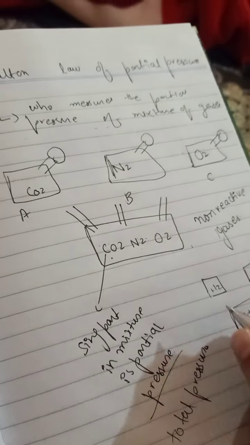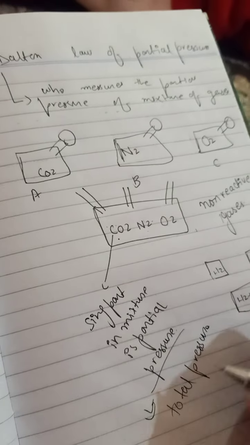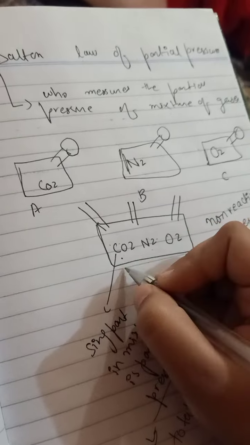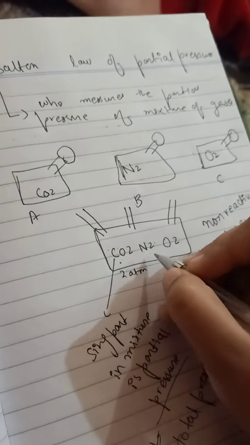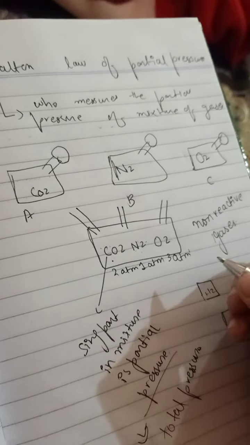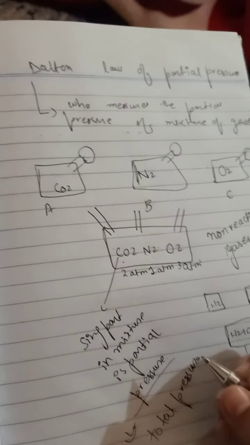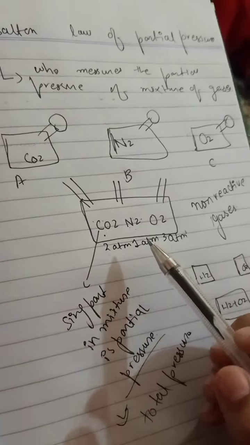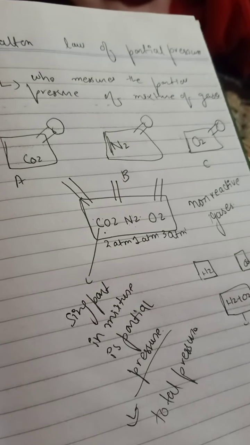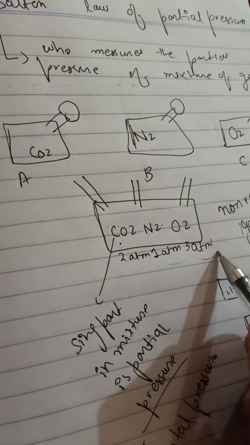Total pressure: if we add all their pressures, the total pressure appears. For example, carbon dioxide has 2 atm pressure, nitrogen has 1 atm pressure, and oxygen has 3 atm pressure. The single pressure of each gas is its partial pressure.